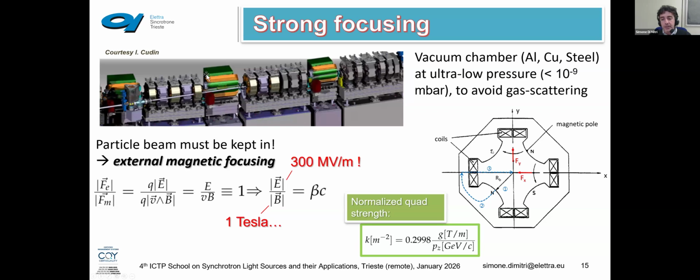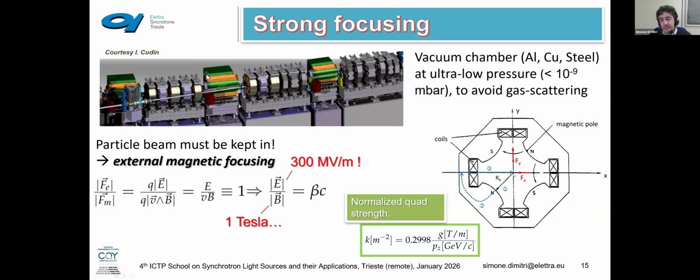On the right side, you have a snapshot of the section of a quadrupole magnet, which is a multipole made of 4 poles, where internal magnetic forces are established in order to focus off-axis particles towards the center of the magnet, which is also presumably the center of the vacuum chamber.